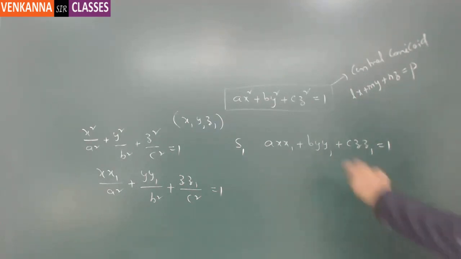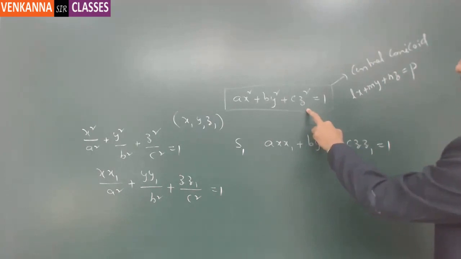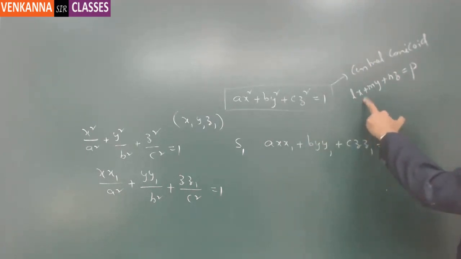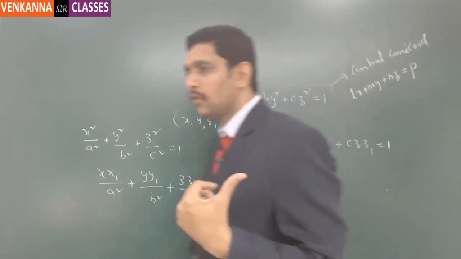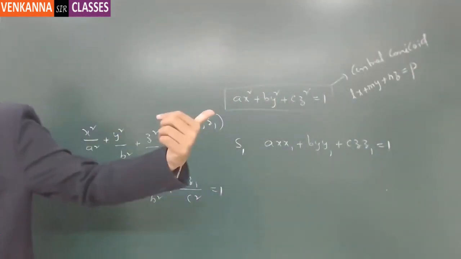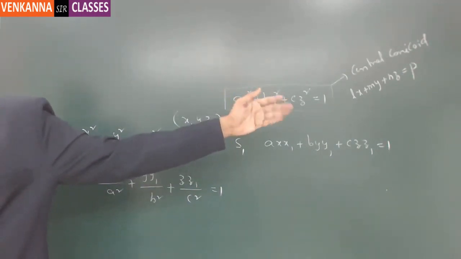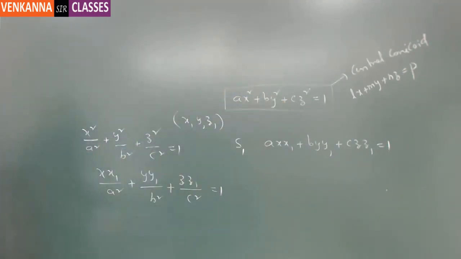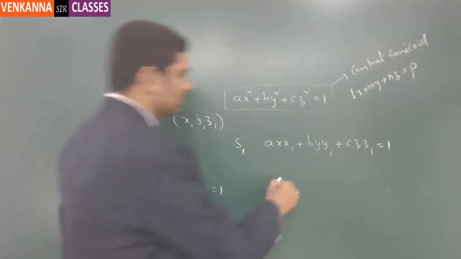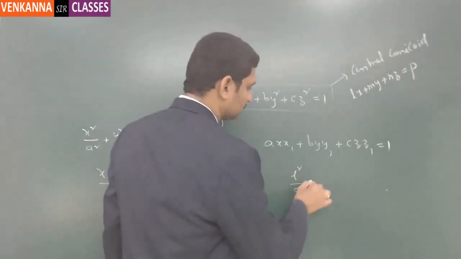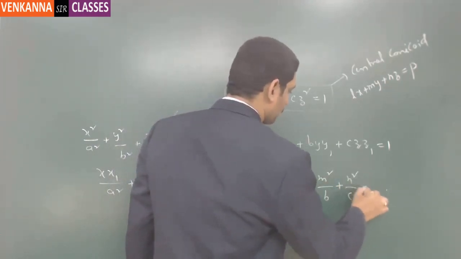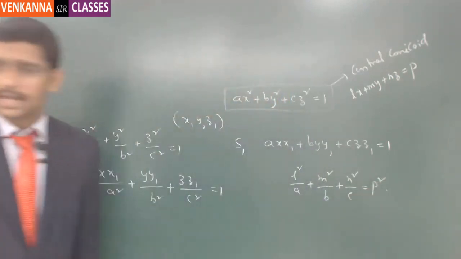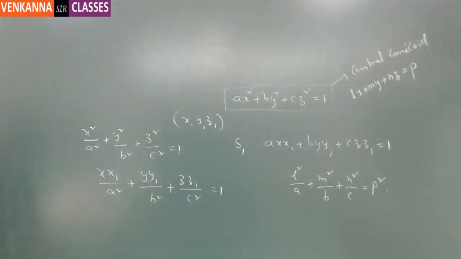If you want to know whether this conicoid has the plane as a tangent plane, what is the condition we need to check? If you want to verify whether the given plane is a tangent plane to the conicoid or not, the condition is L square by A plus M square by B plus N square by C is equal to P square.